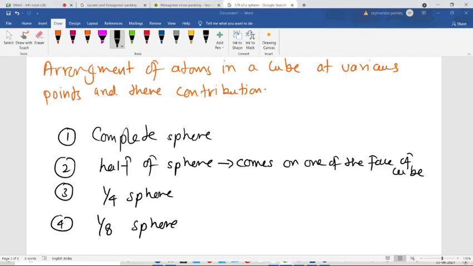Let's see the image. 1 by 2 of sphere on face of cube. Yeah, you can see this one.